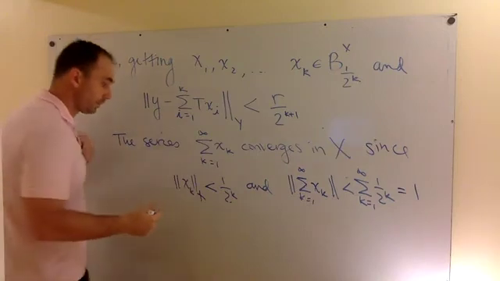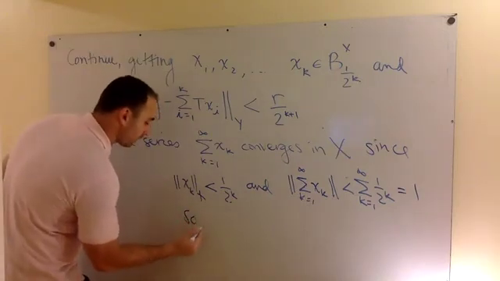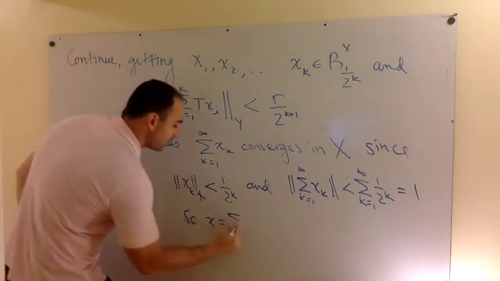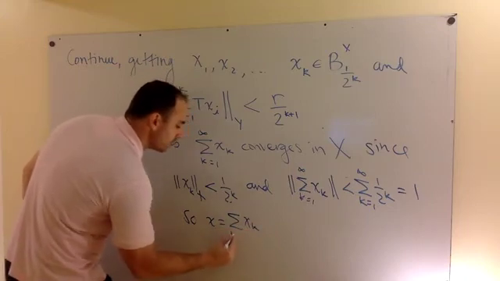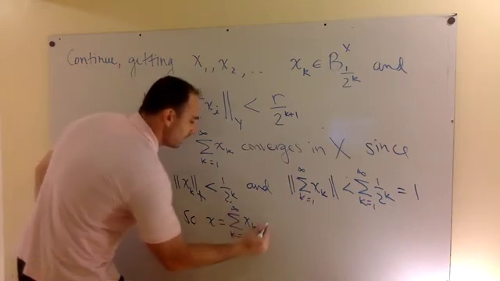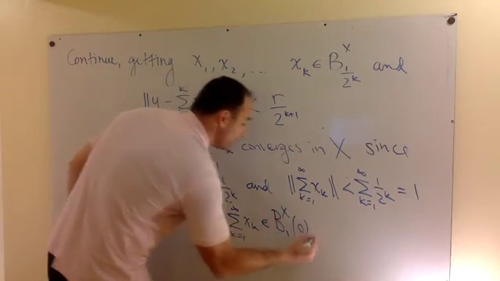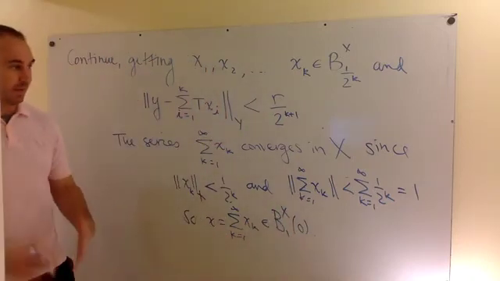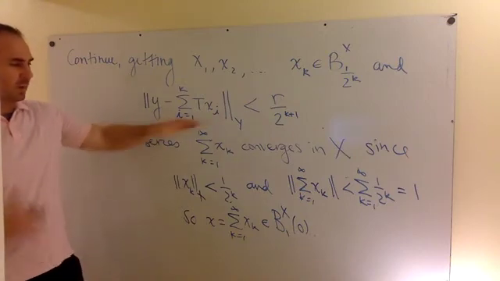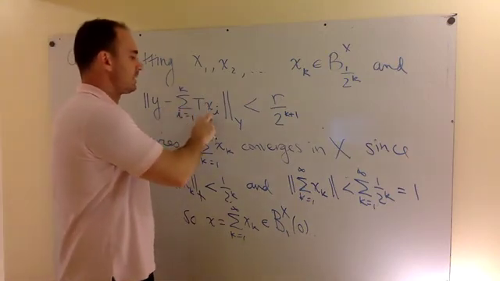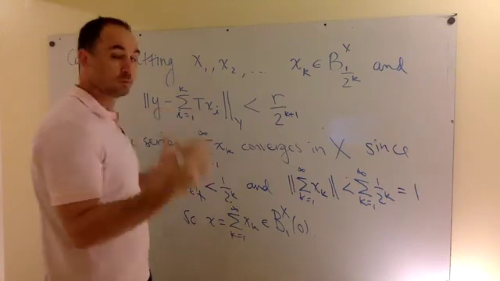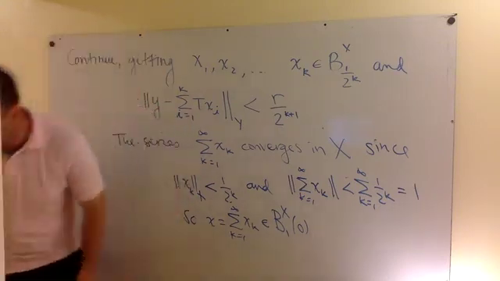And so, if I let x equal this series, this guy lives in the unit ball. That's good. Okay, so I have that. And then I also have, though, the image of this series, at least in partial sums, is getting close to y. Okay, so now we are just about done.